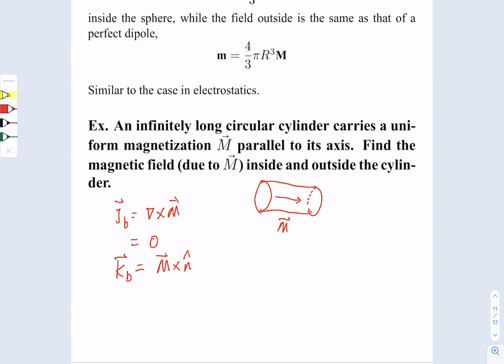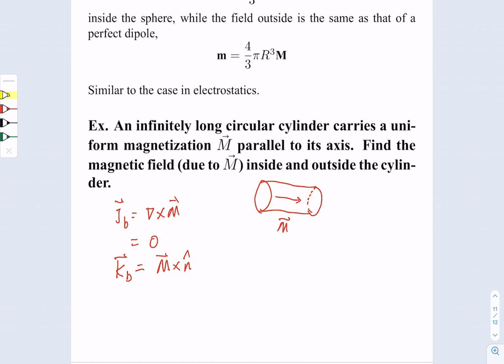Because we are considering an infinitely long cylinder, the surface on the two ends doesn't matter that much.